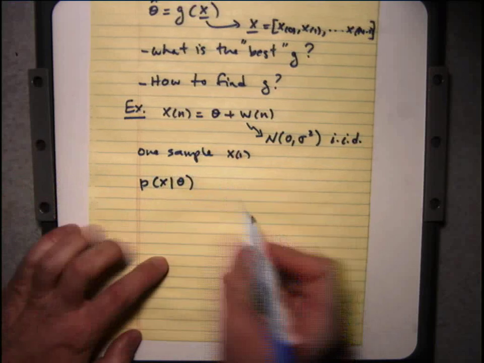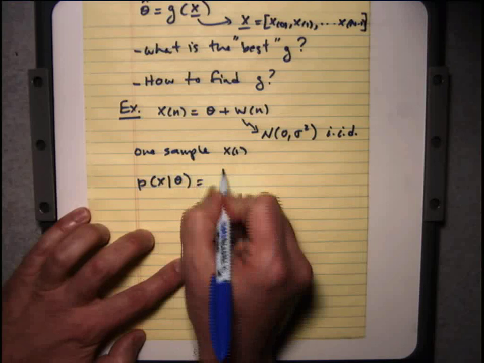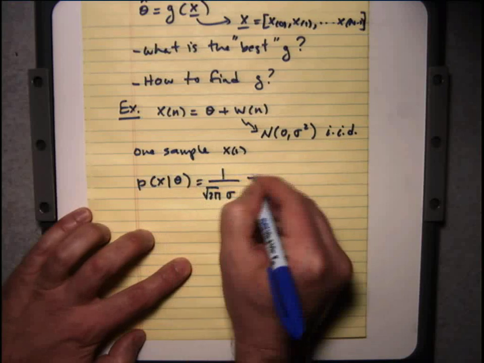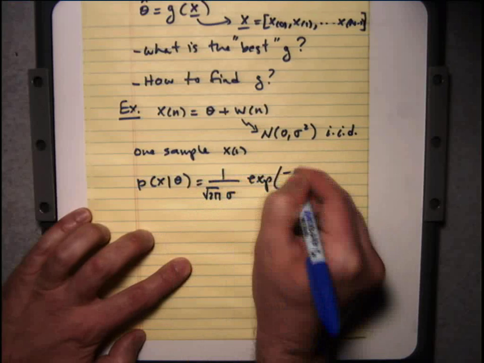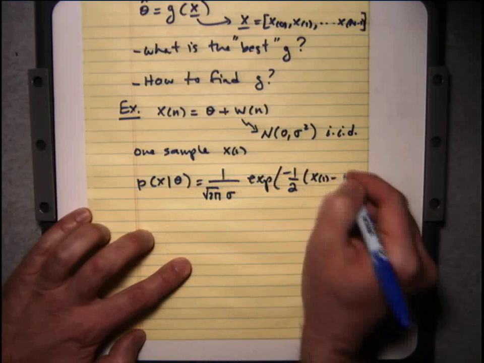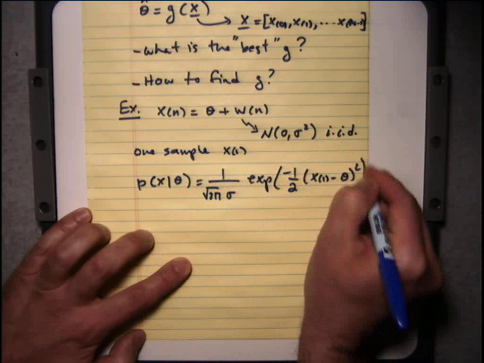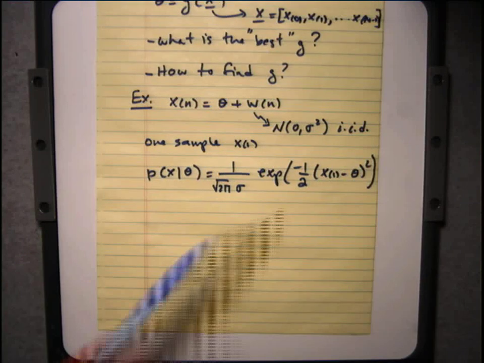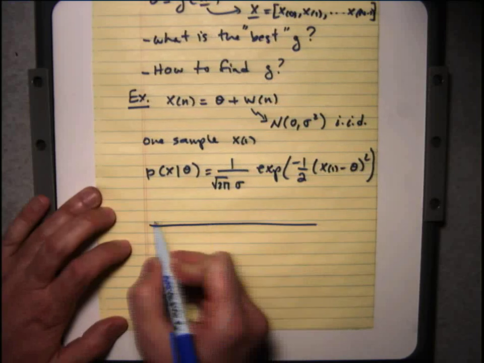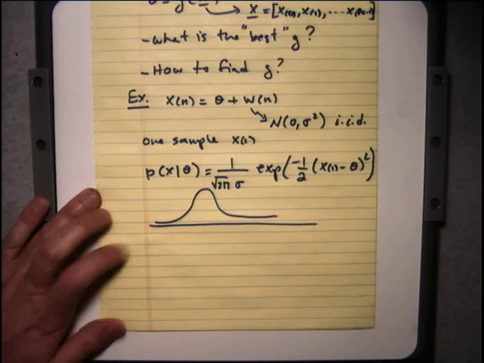Okay, so of course this is going to be 1 over square root of 2 pi sigma exponential minus 1/2 this x1 minus theta squared. Okay? So if I plot this, of course I'm going to get a Gaussian that is going to look something like this.